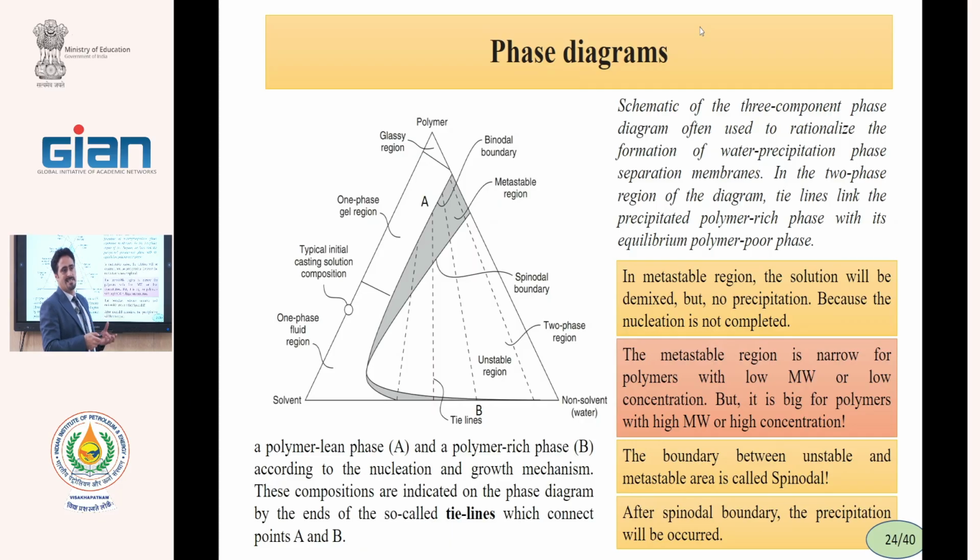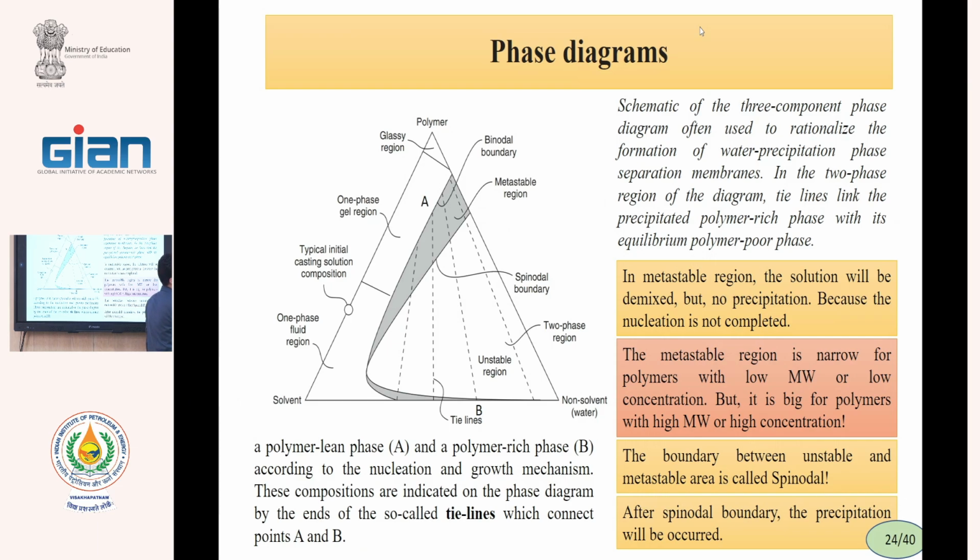When we prepare a casting solution, for example 20% polymer in solvent, it is located in this area, a typical casting solution composition, on this line. But after casting the membrane and putting it in the non-solvent, water comes into the solution and solvent exits. Therefore, this point begins to go to the left.